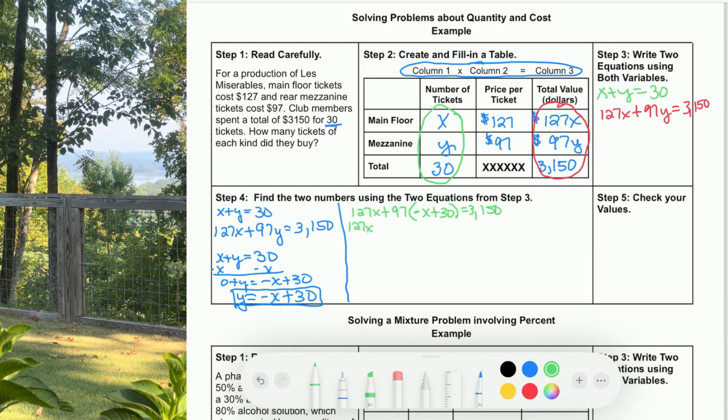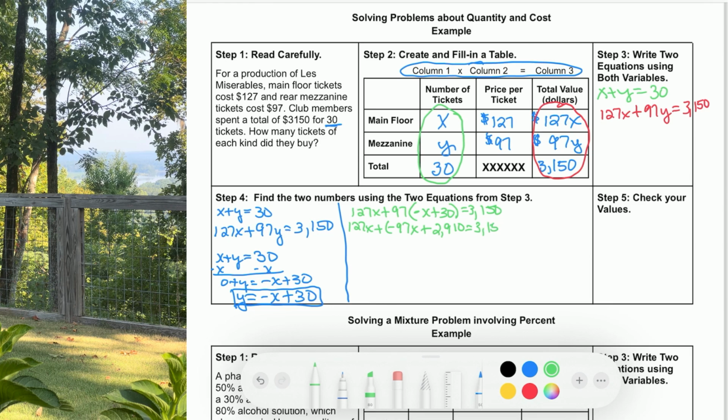So I end up with 127x plus a negative 97x plus, let's see, 97 times 30 is going to be 2,910, and then equals the 3,150. All right, 127x plus a negative 97x is going to give us a 30x.